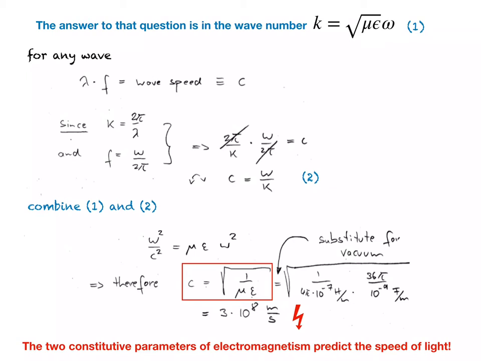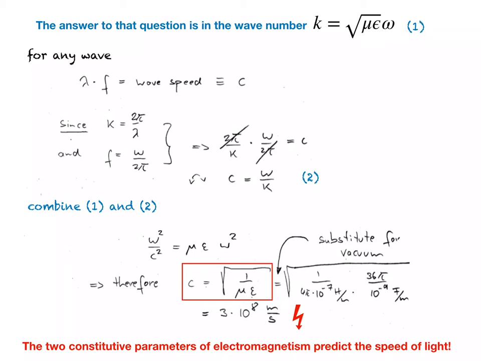As we substitute in the square root, we find that 36 pi on 4 pi gives 9, and the powers of 10 combine to 10 to the 16. Taking now the square root, the result is 3 times 10 to the 8 meters on second.